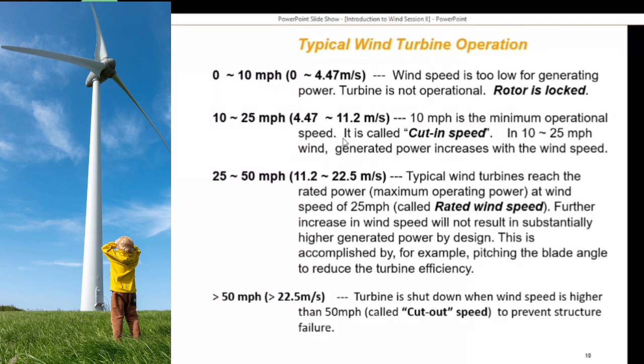As I told you, if you go through the current research, they are looking at whether they can make a wind system which can work even at less than 3 or 2 meters per second.